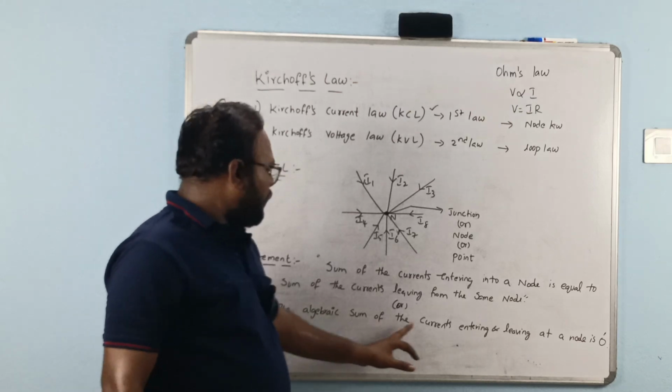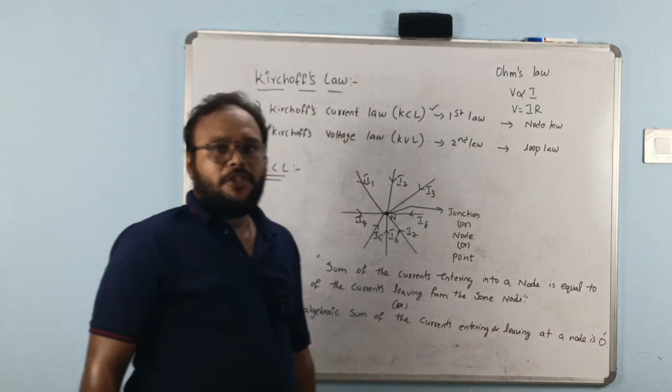Or, the algebraic sum of the currents entering and leaving at a node is 0. These are the two statements.